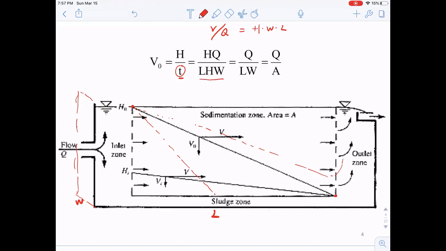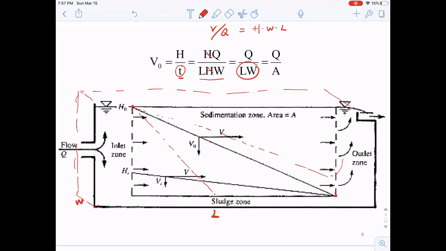So if we further plug in these parameters, the Q will go to the numerator, and then we can cancel out the H, right? So we're going to have Q divided by L multiplied by W. And further, if we look at the L and W, this product is the surface area of this sedimentation basin, right?